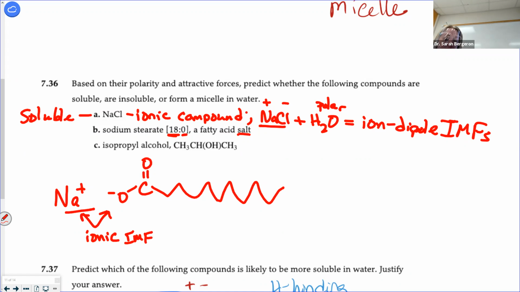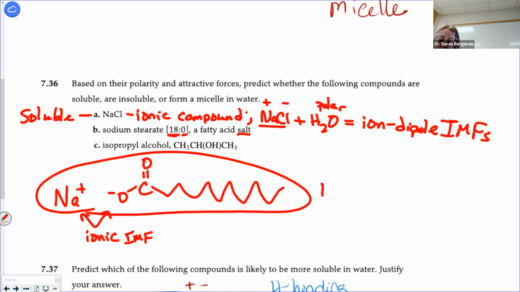But what I want to know is this plus water, what do we have going on? We have an ion-dipole intermolecular force. And you could have just looked at the word salt and known that, because water has a dipole and salts are charged.